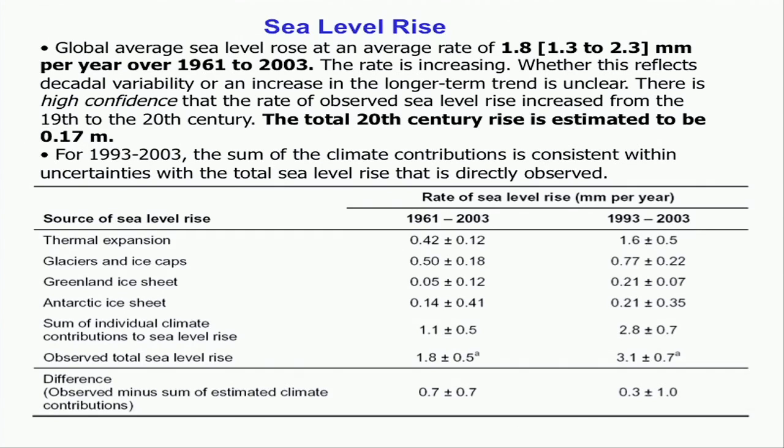And then, of course, we have these two additional ice sources, treated separately, Greenland and Antarctic. They're not quite as large, but still significant. And if we look at the sum of all the individual climate contributions to sea level rise, we got about 1.1 millimetres per year over that period. Quite a large uncertainty there. But the observed sea level rise was 1.8 millimetres, so there's quite a big difference between that.